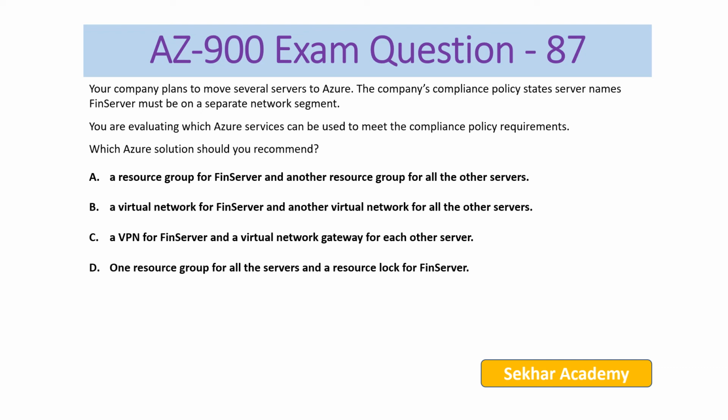Options are: A, a resource group for FinServer and another resource group for all the other servers; B, a virtual network for FinServer and another virtual network for all other servers; C, a VPN for FinServer and a virtual network gateway for each other server; D, one resource group for all the servers and a resource lock for FinServer. Here the right answer is B, a virtual network for FinServer and another virtual network for all the other servers.